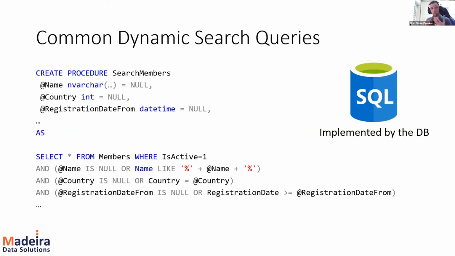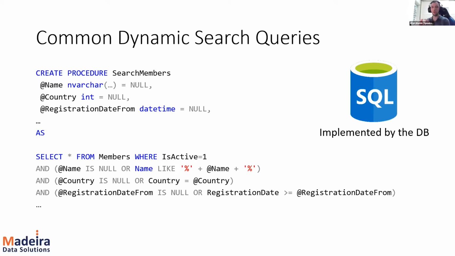If we were to implement the same thing using a stored procedure, where the logic is taken care of by the SQL Server itself, then we would see something like this: a stored procedure that receives optional parameters, optional as in by default they get a null value, and the query that is executed has what's called the kitchen sink, right?